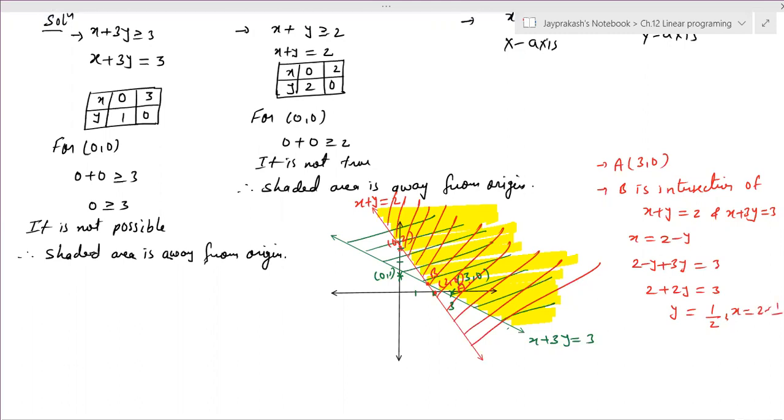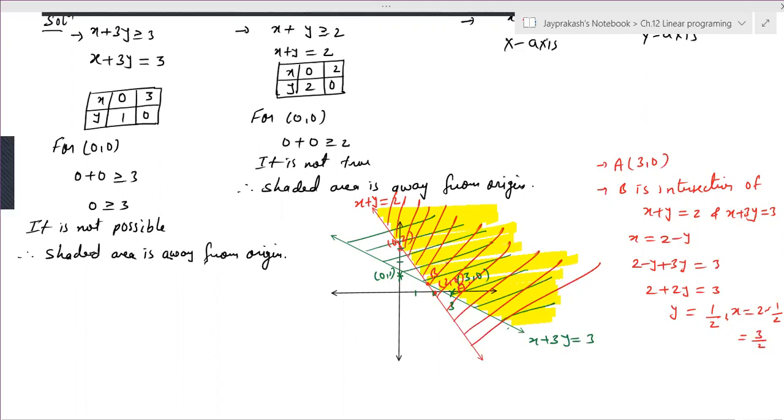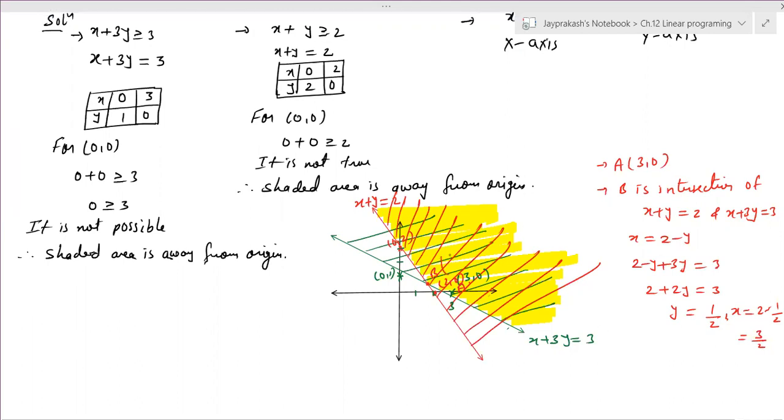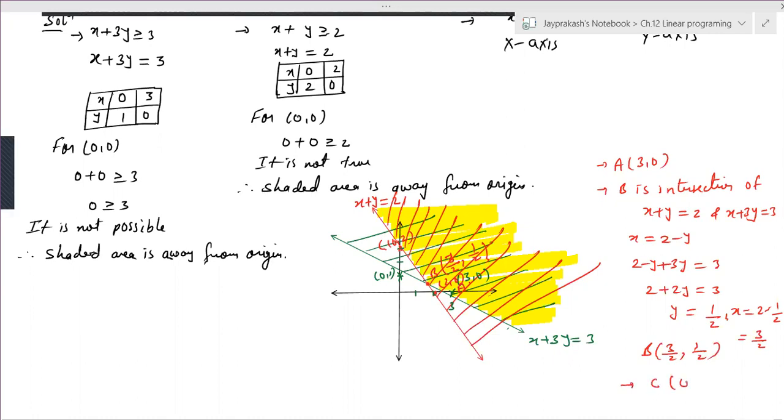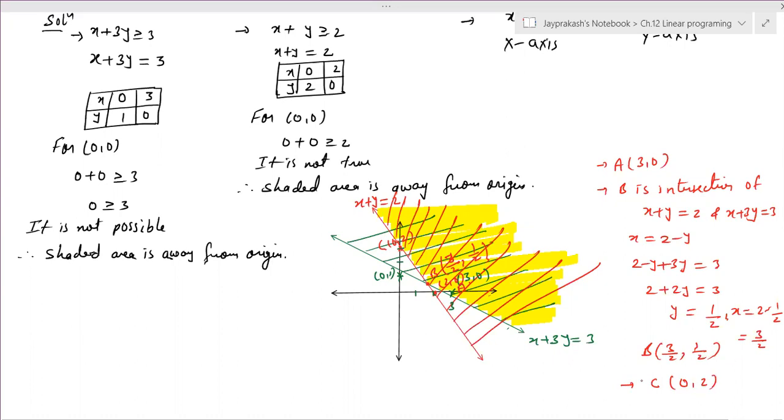Then x is equals to 2 minus 1 by 2, that is 3 by 2. So this B point means 3 by 2, comma 1 by 2. Then these are the points A, B, C. A is 3, 0, B is 3 by 2 comma 1 by 2, and the point C is 0 comma 2.